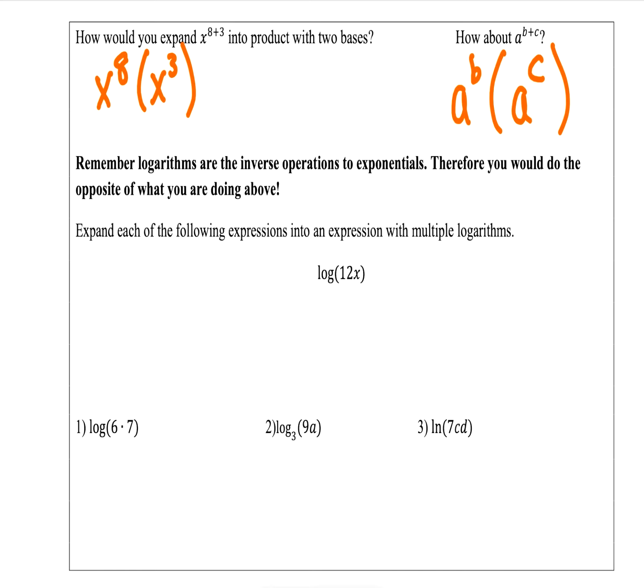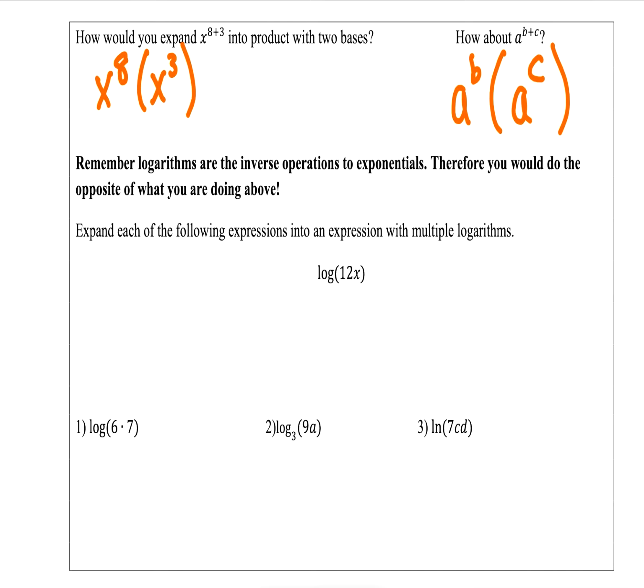Now, these are important to know because logarithms are the inverse operations to exponentials. Therefore, you would do the opposite of what you're doing above. So, I know when we're multiplying with the same base, we add the exponents.